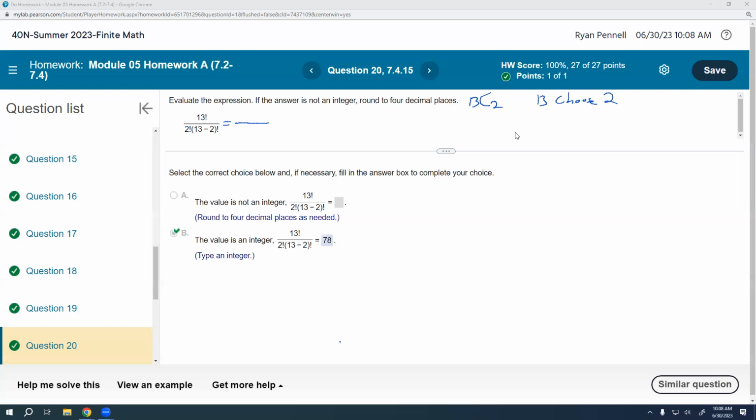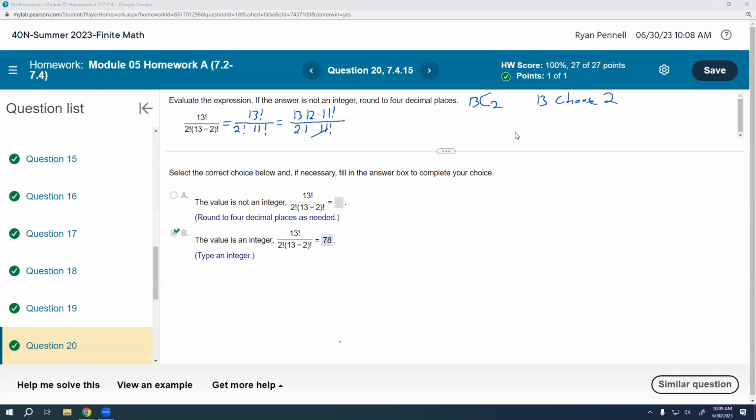Let's talk about the denominator really quick. We have 2 factorial, and then 13 minus 2 is 11 factorial, and 13 factorial on top. See if I can evaluate this. Well, I know this: 13, 12, 11, right? I could stop there and just evaluate.